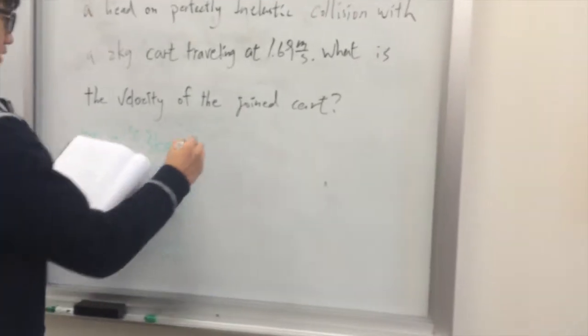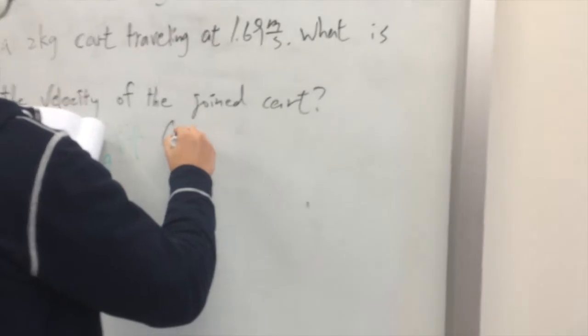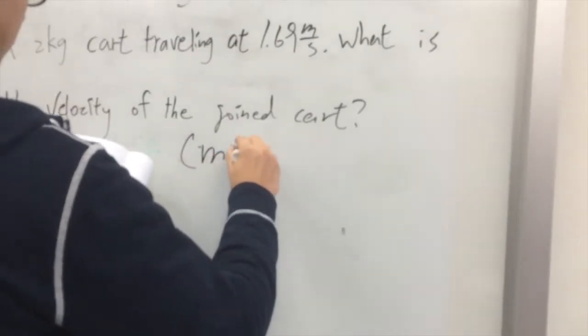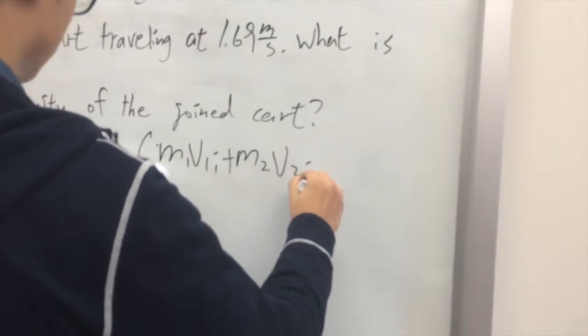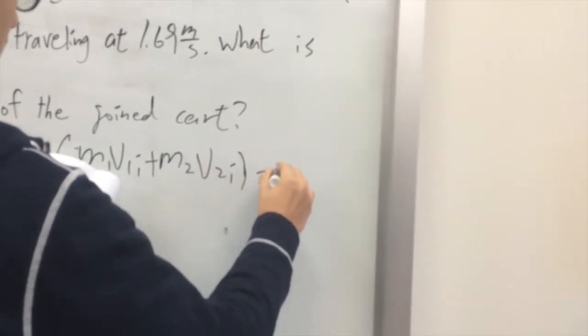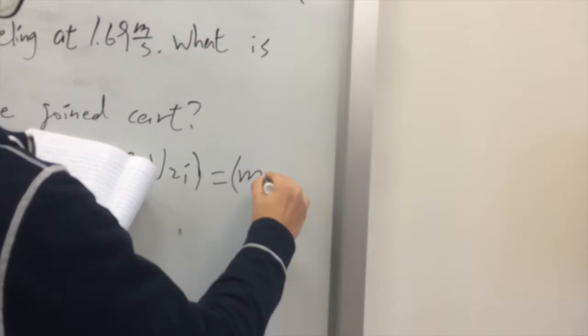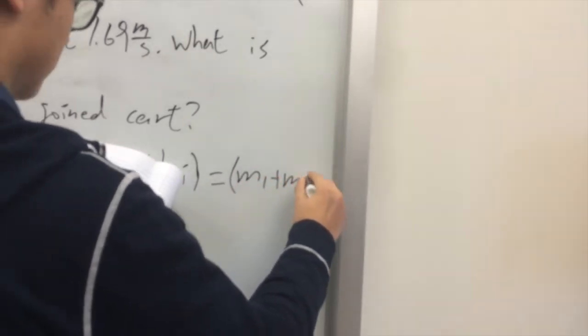So we're using M1 times V1 initial plus M2 times V2 initial equals M1 plus M2 times VF.